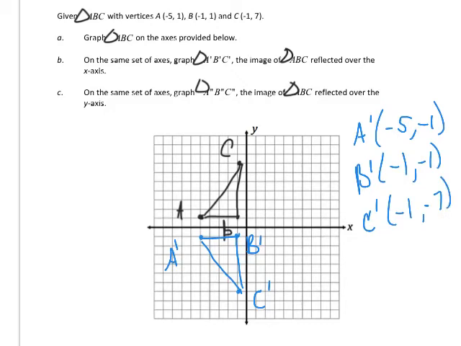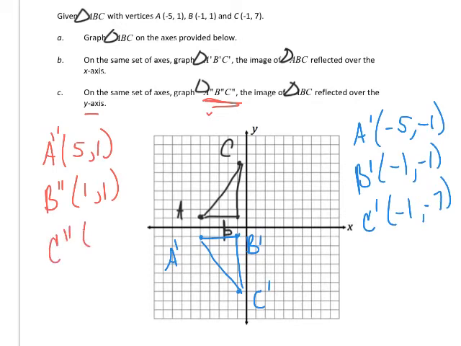Part C says on the same set of axes, graph A double prime, B double prime, C double prime, the image of the original reflected over the y-axis. So if I'm reflecting over the y, I'm negating x. So my double prime A is going to be at 5, 1. My double prime B is going to be at 1, 1. And my double prime C is going to be at 1, 7.